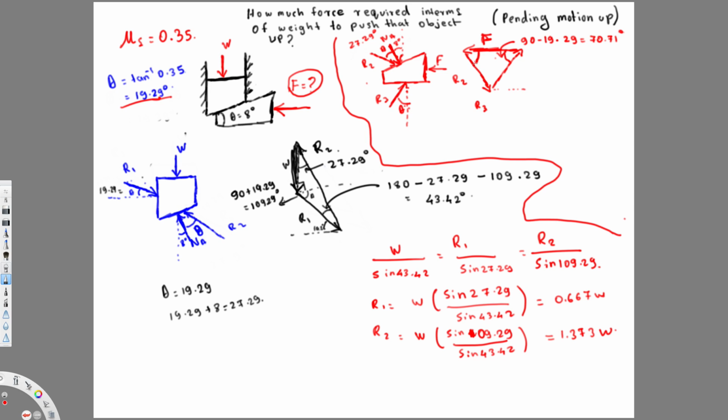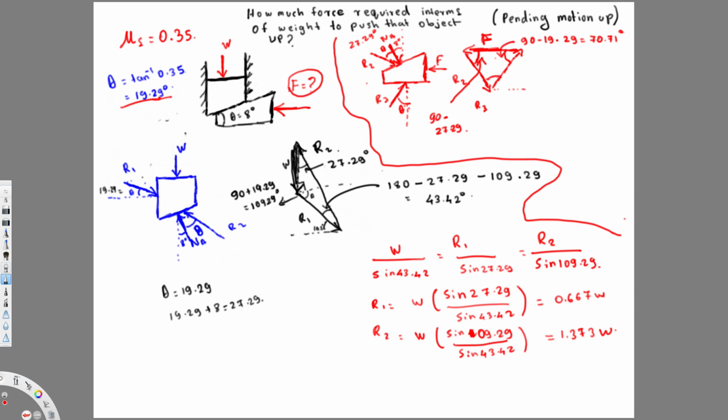Therefore this is going to make 90 minus 27.29. From these two pieces of information, I can calculate the third angle.